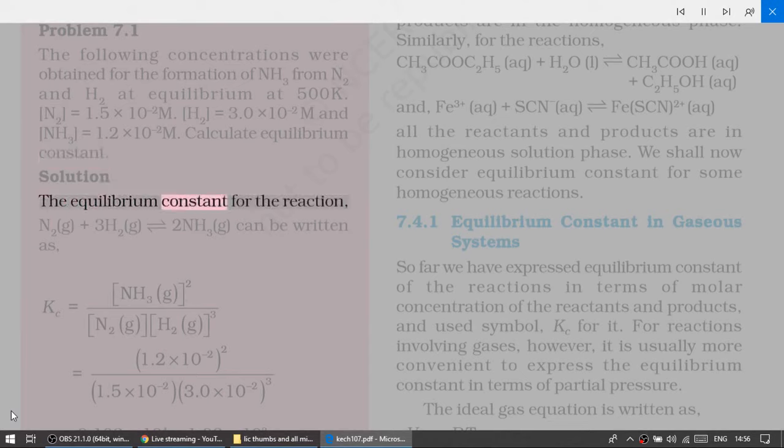Solution: the equilibrium constant for the reaction N2(g) + 3H2(g) ⇌ 2NH3(g) can be written as Kc = [NH3]² / ([N2][H2]³) = 0.106 × 10⁴ = 1.06 × 10³.